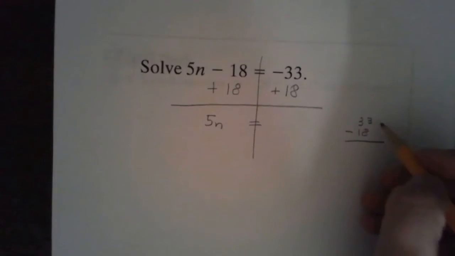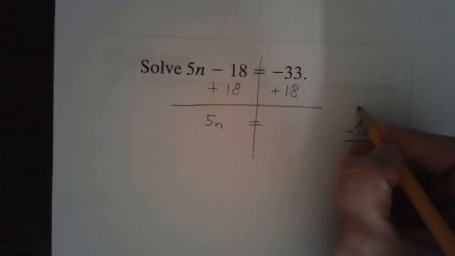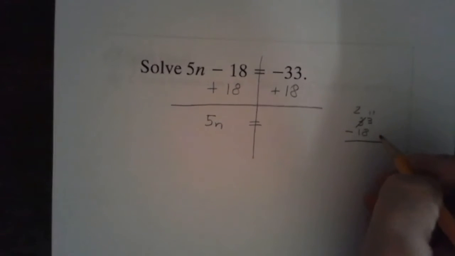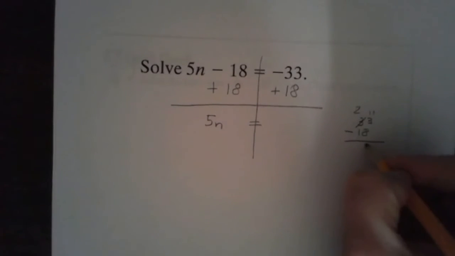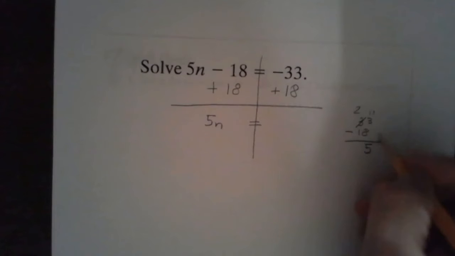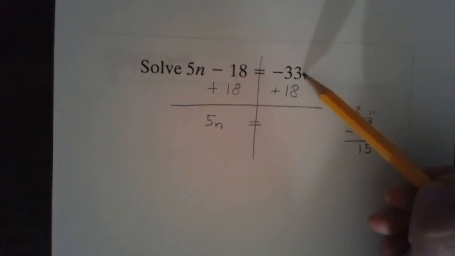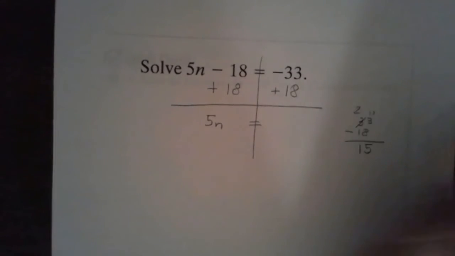I can now do 3 minus 8, so that's 2. That will become 13. So 13 minus 8, that's 5. And 2 minus 1 is 1. It's 15. Now I have to decide on the sign. I have more negatives than positives, so the answer is negative.